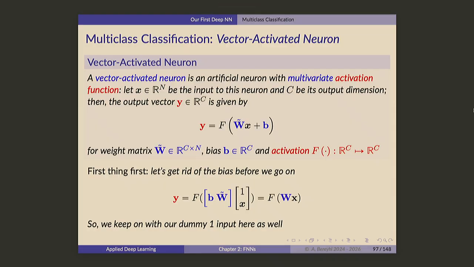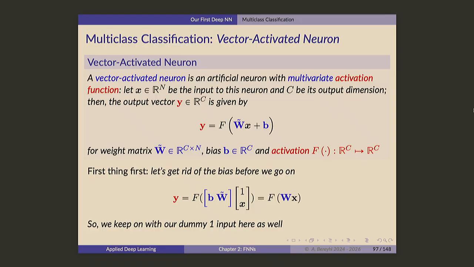Now, first things first, we can just get rid of that notation, the bias. We can just stick the bias to the weights, right? As we did before. We always do that. So what we are doing here, we have one input plus dummy, and then we do lots of linear computation on that. We get the output, right? This output, Wx, is essentially C-dimensional, right? And then I have this function operating on all C inputs and computing me C outputs at the same time.